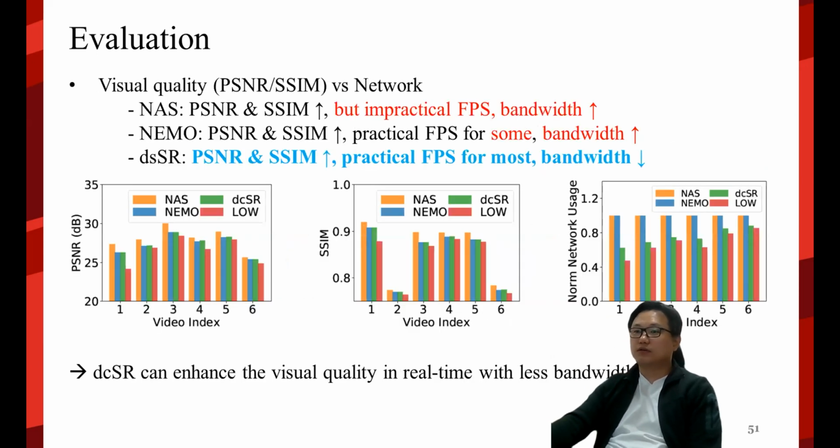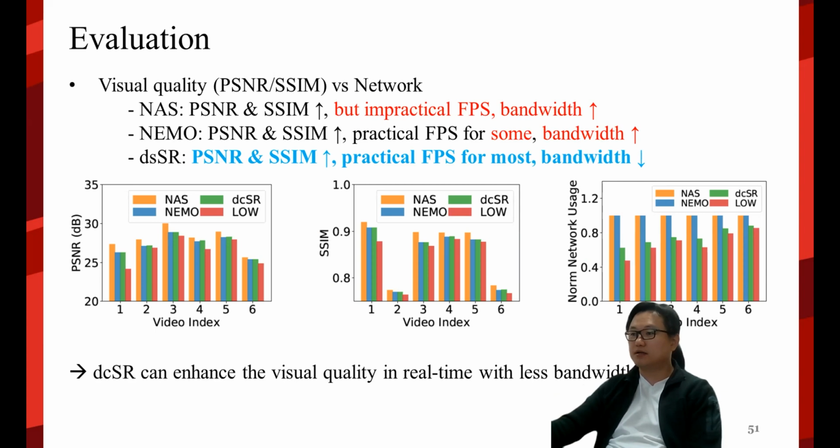Okay. So evaluation on PSNR and SSIM is the same metric we discussed earlier. PSNR, the higher the better. So DCSR stays high, NAS and NeMo are slightly better, but if you compare with the previous metric, it is almost the same.